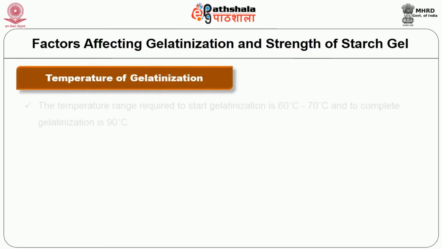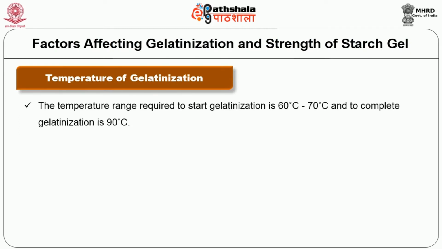Now we will have a look at the various factors affecting gelatinization and strength of starch gel. Temperature of gelatinization: the temperature range required to start gelatinization is 60 degrees Celsius to 70 degrees Celsius, and to complete gelatinization is around 90 degrees Celsius.